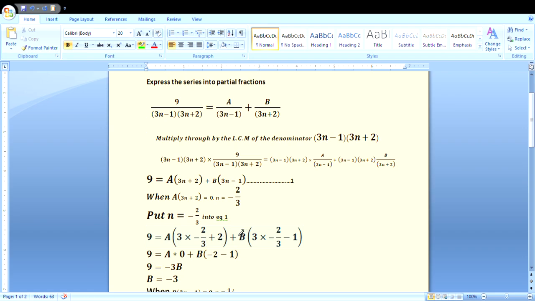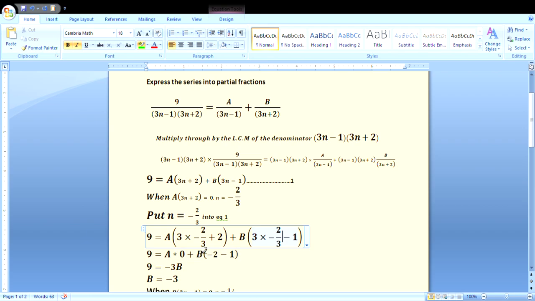Here 3 cancels 3, and it becomes minus 2 plus 2, which is 0. So it becomes 0 times A. Then let's look at B into 3 times, in place of n, we've already substituted minus 2 over 3, minus 1. So 3 cancels 3 here, and what is left is minus 2 minus 1.